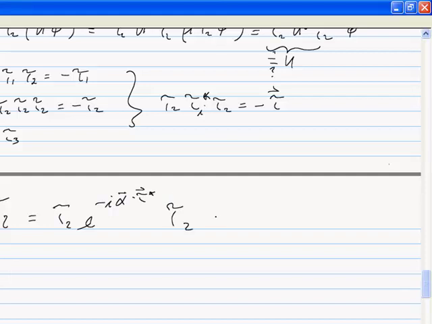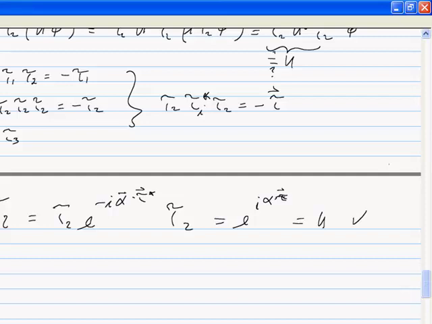But then bringing the tau 2 through the tau, so each term in the Taylor expansion you just bring them through, converts it back to e to the i alpha dot tau, equals u. Okay. So this is a doublet.